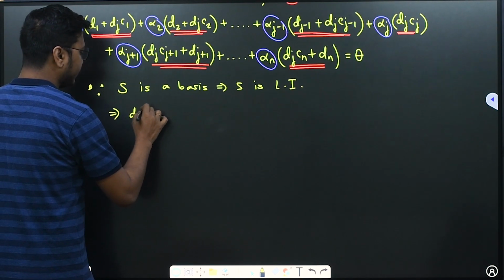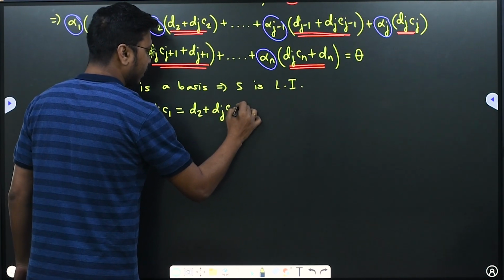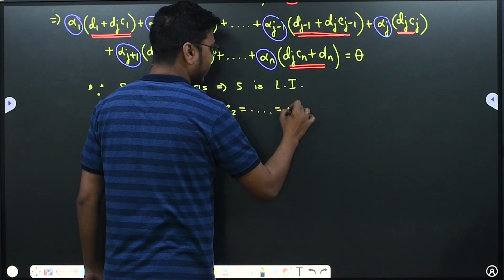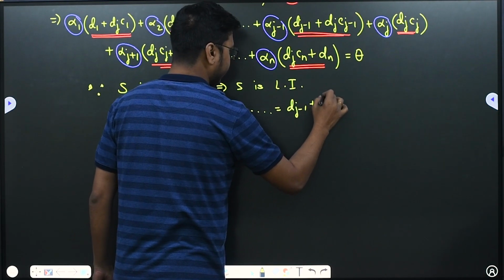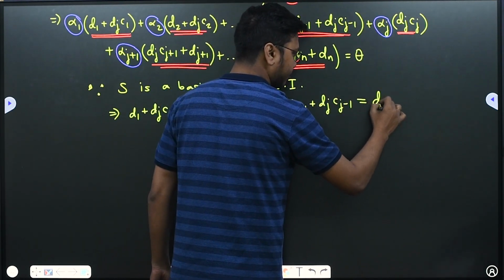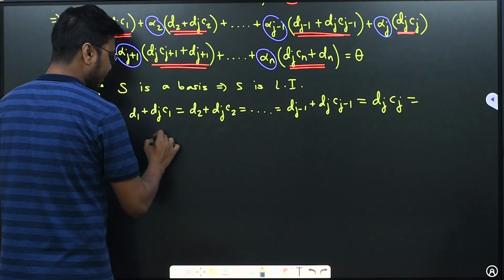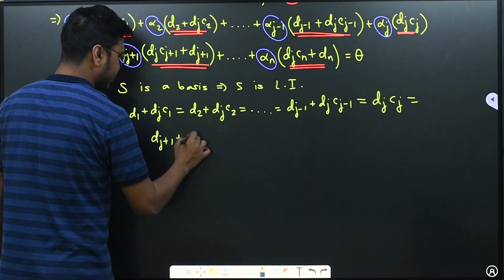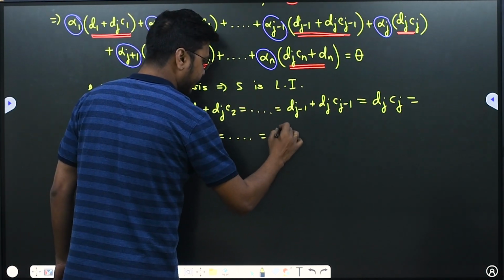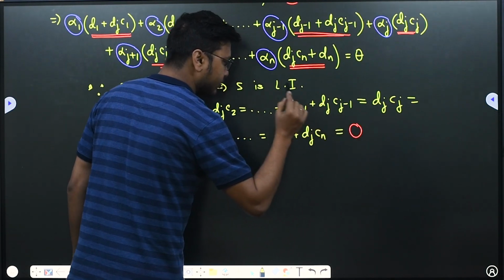That means d1 plus dj c1 equals d2 plus dj c2 equals, going up till I'm directly coming to the jth minus 1th element, dj minus 1 plus dj cj minus 1 equals the jth element, which is a different constant, dj cj, equals, again continuing the same way, dj plus 1 plus dj cj plus 1 equals, going until dn plus dj cn, and all of them must be equal to 0.